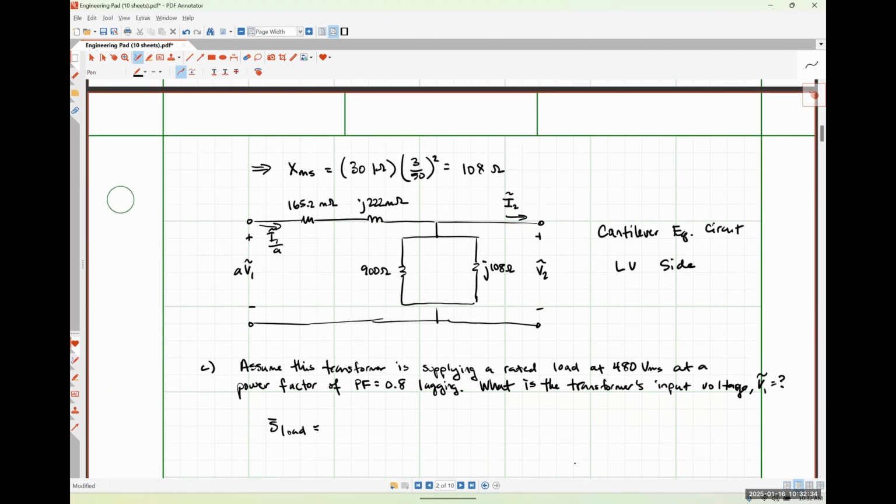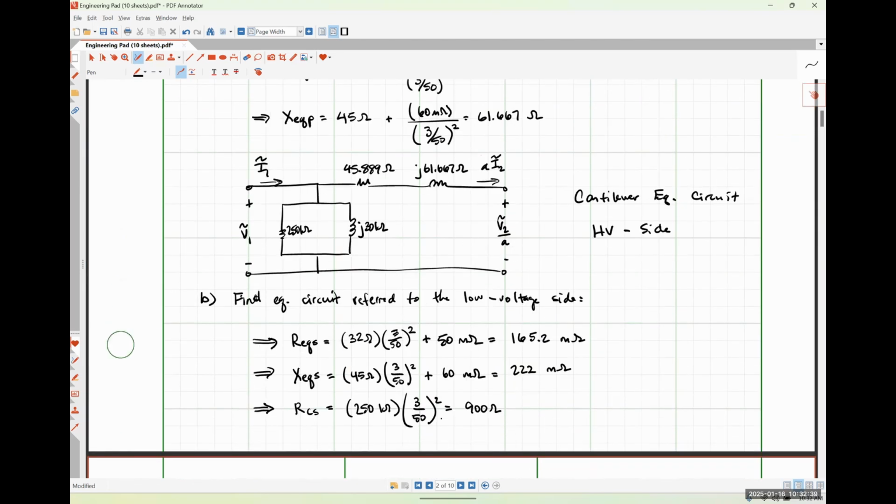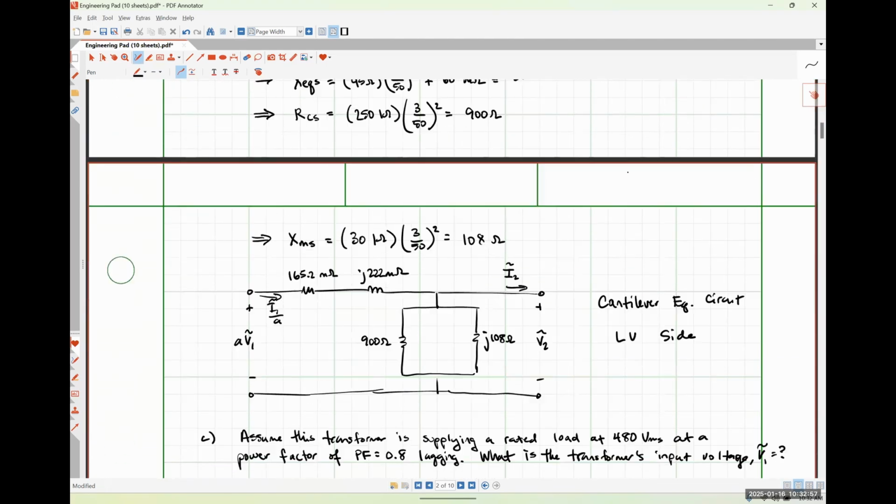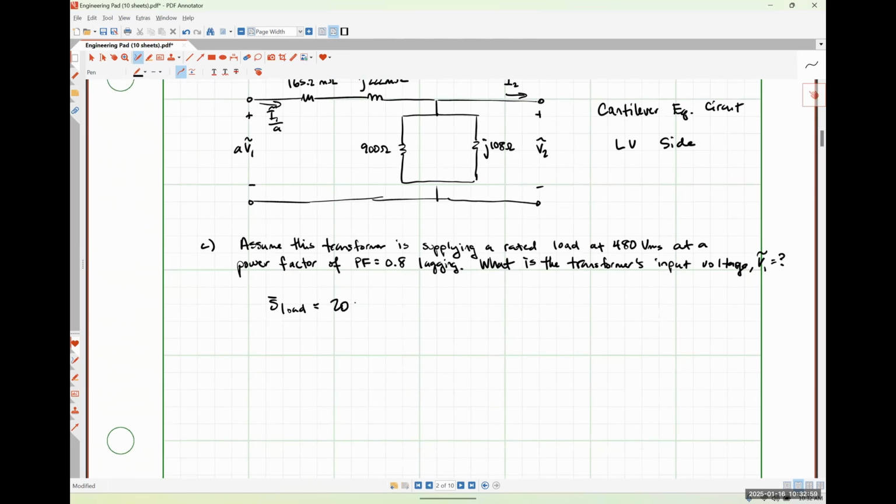If this transformer is supplying a rated load, the power delivered to the load is 20 kilovolt-amperes, because that is the power rating of this transformer. That is an apparent power rating, so our apparent power is 20 kVA. Our angle is going to be the inverse cosine of our power factor.